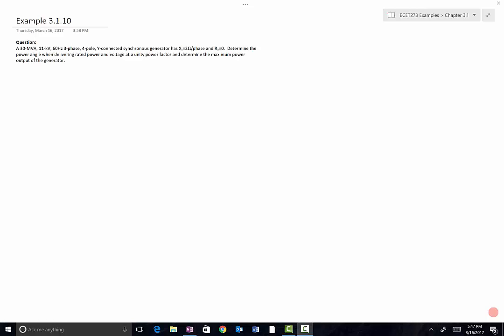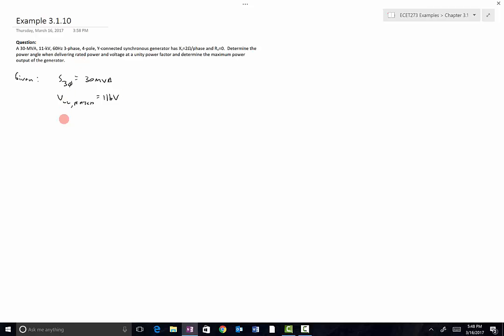So the givens here, if we just write down what we've got: the 3-phase power of the generator is 30 MVA. The line-to-line voltage that it's rated to is 11 kV.